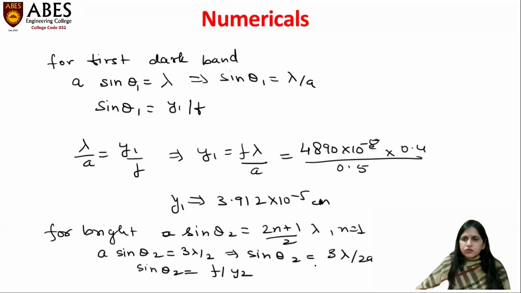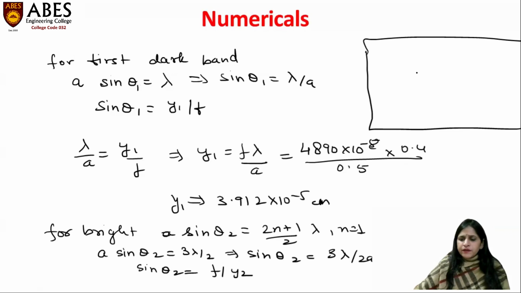Again, we can equate the two. Y2 is equal to 3 lambda f upon 2a.